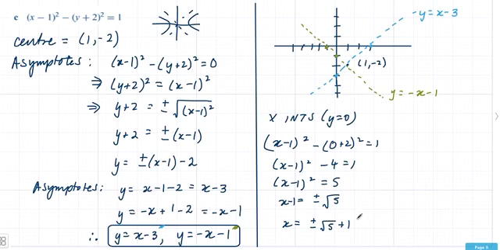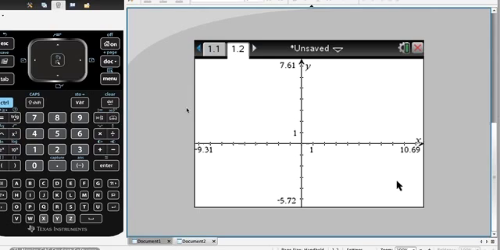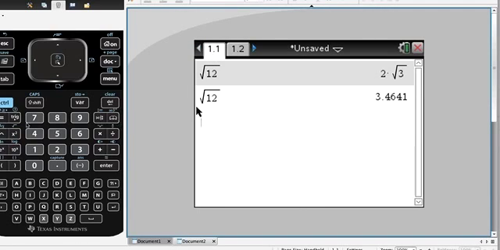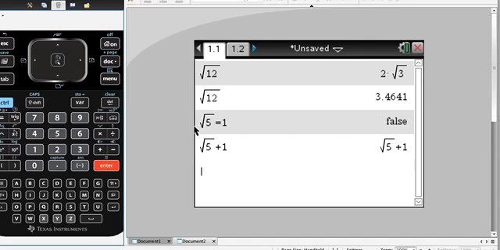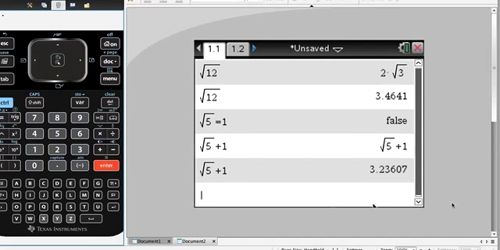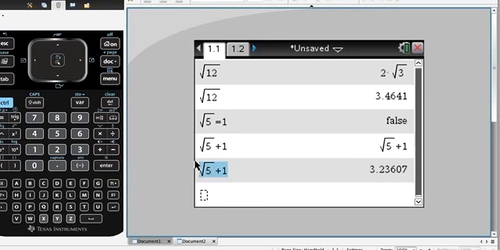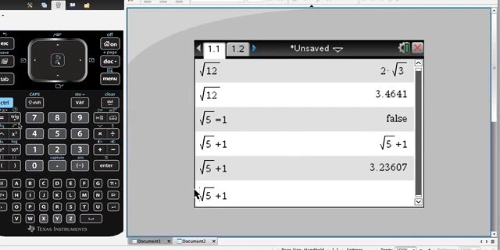Now that's kind of ugly, so you can find the approximate solution by using your CAS as well. So we'd have square root of 5 plus 1. Let me do that again. Square root of 5 plus 1, that's better. And just do control enter. So it's about 3.23. And we want the negative as well.